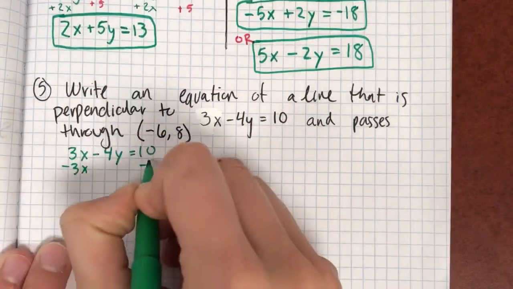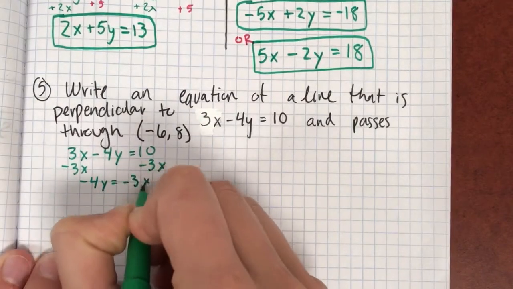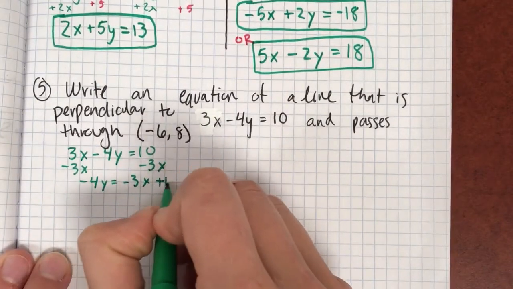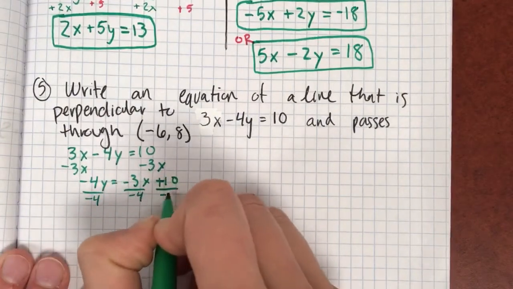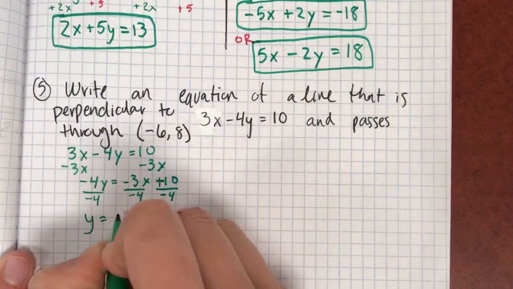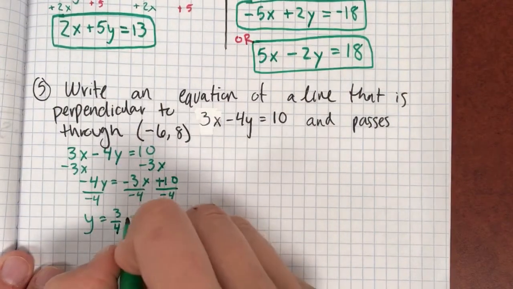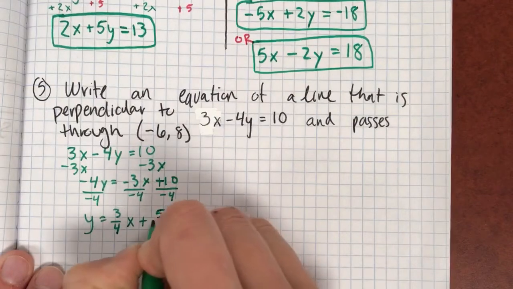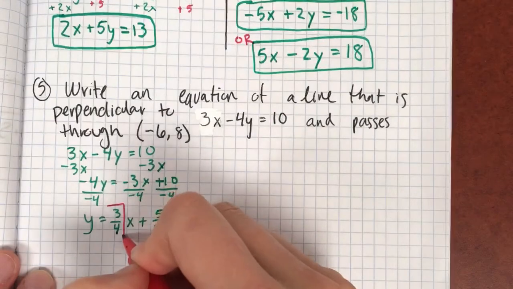So I'm going to subtract 3x, and then we're going to divide by -4. So my slope is +3/4 x plus 5/2. And all we really care about here is our slope.